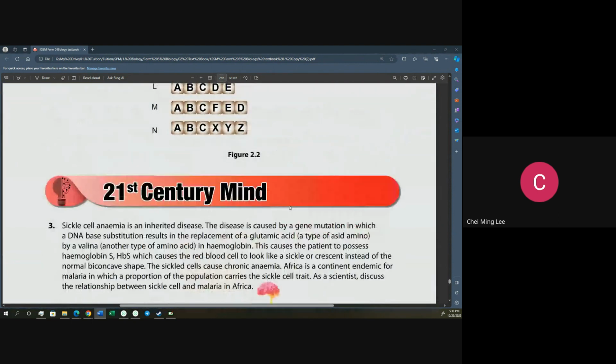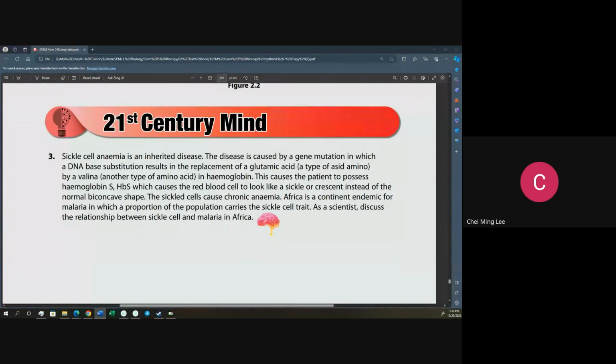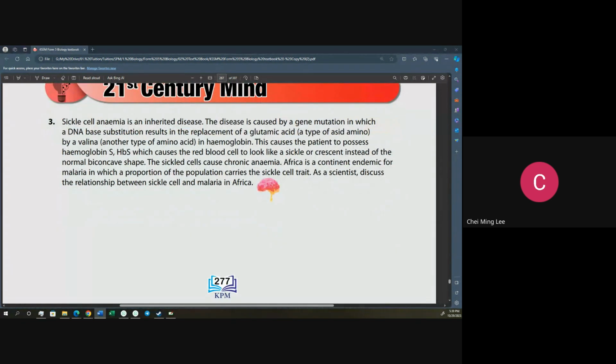First, try to start with this question, the sickle cell anemia.